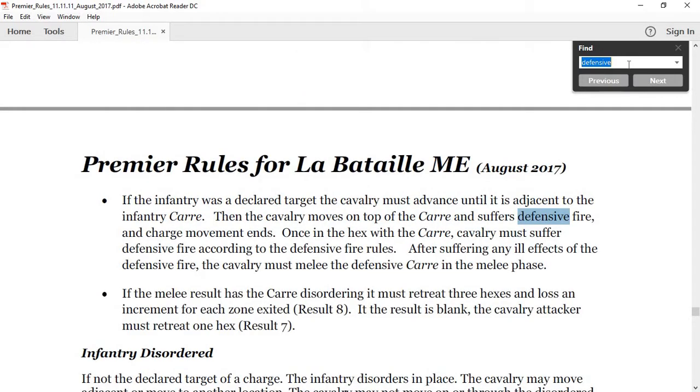If the infantry was a declared target, the cavalry must advance until it is adjacent to the infantry square. Then the cavalry moves on top of the square and suffers defensive fire, and charge movement ends. Once in the hex with the square, cavalry must suffer defensive fire according to the defensive fire rules. After suffering ill effects of the defensive fire, the cavalry must melee the defensive square in the melee phase.